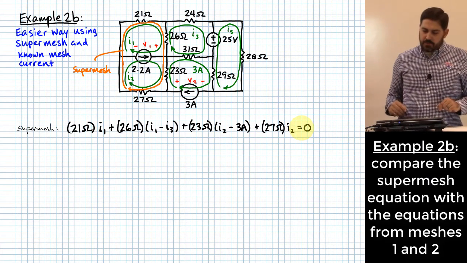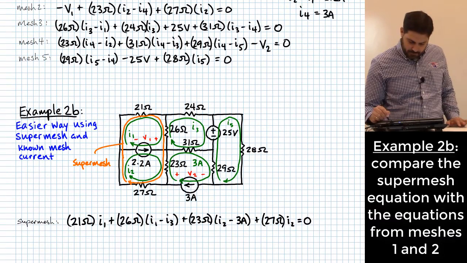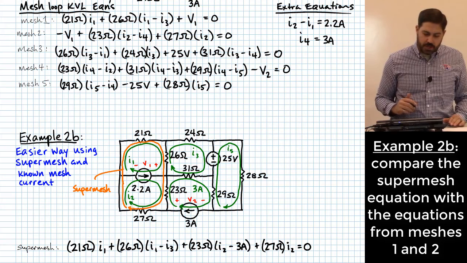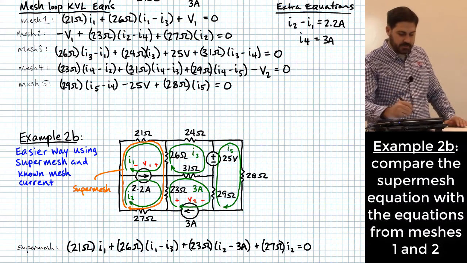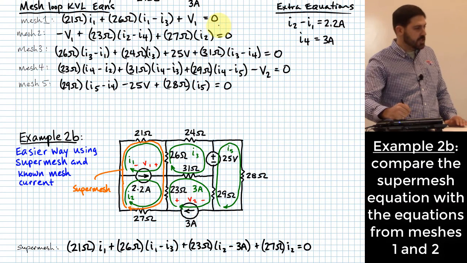Okay, before I go too much further, let me show you something. Look at equations for mesh 1 and 2 the first way I did this. What did we essentially do with our supermesh?